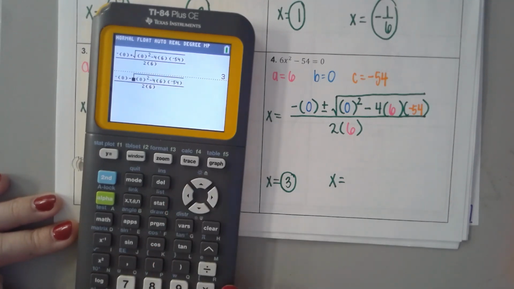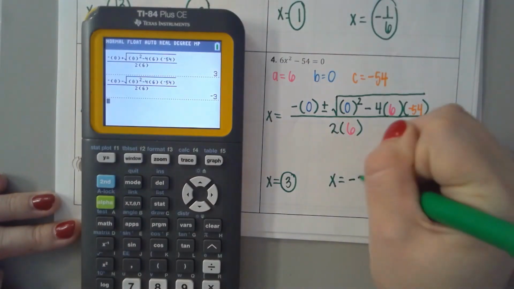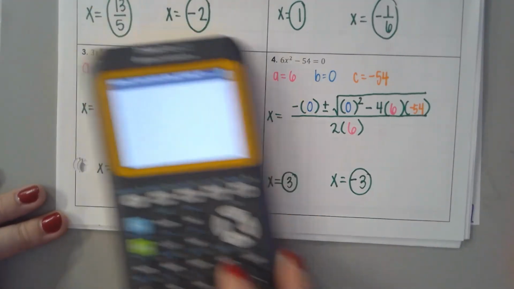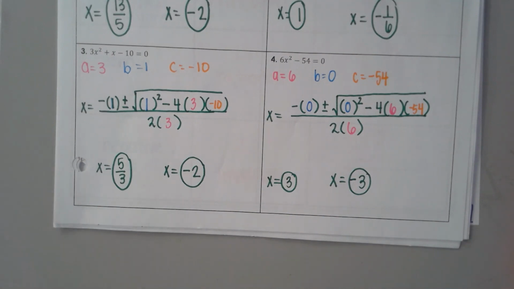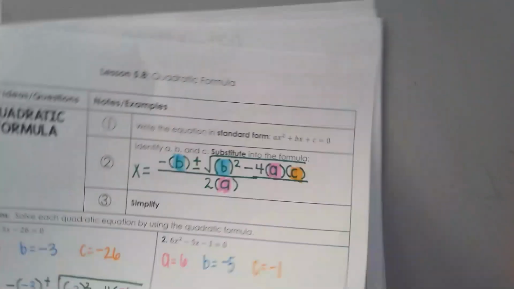It doesn't really matter which one you do first. You don't have to list them in a certain order. We get -3. Good. Any questions? Well, what was the other one from there? 3 and -3. Okay.